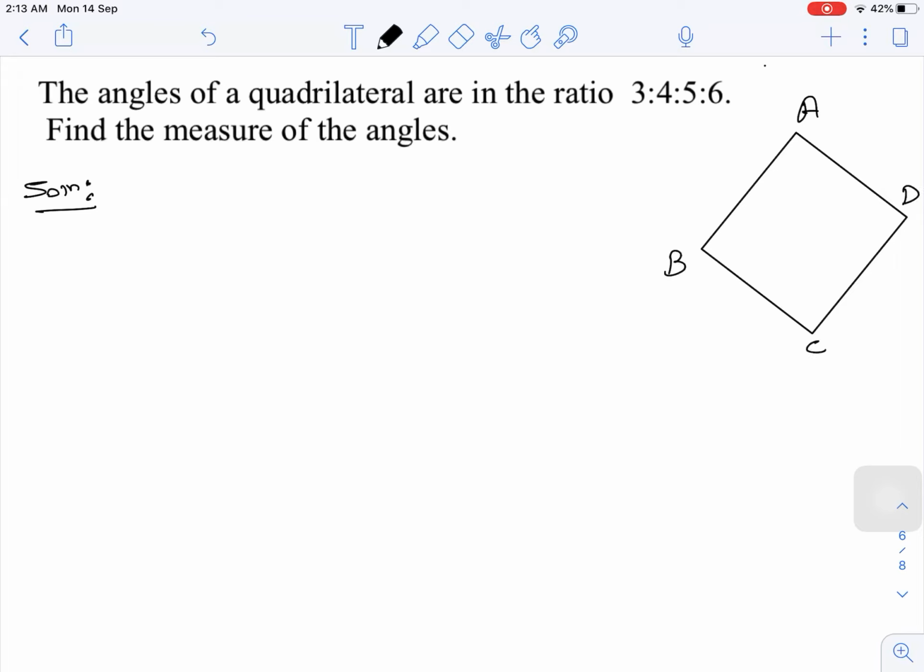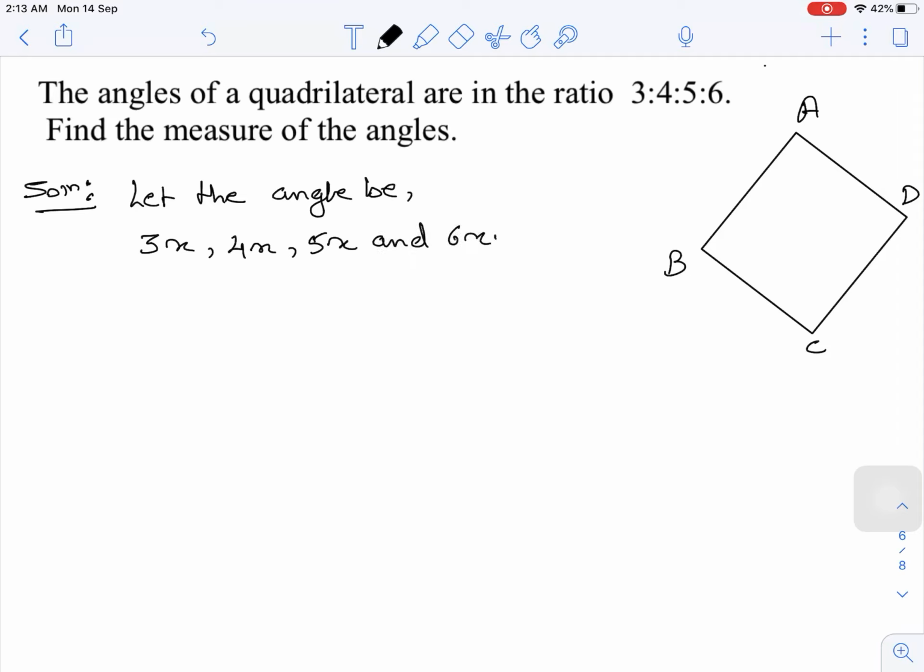Now we have learned that whenever an example is given in terms of a ratio, we consider a common term in all these ratios. So let the angles be 3x, 4x, 5x and 6x.